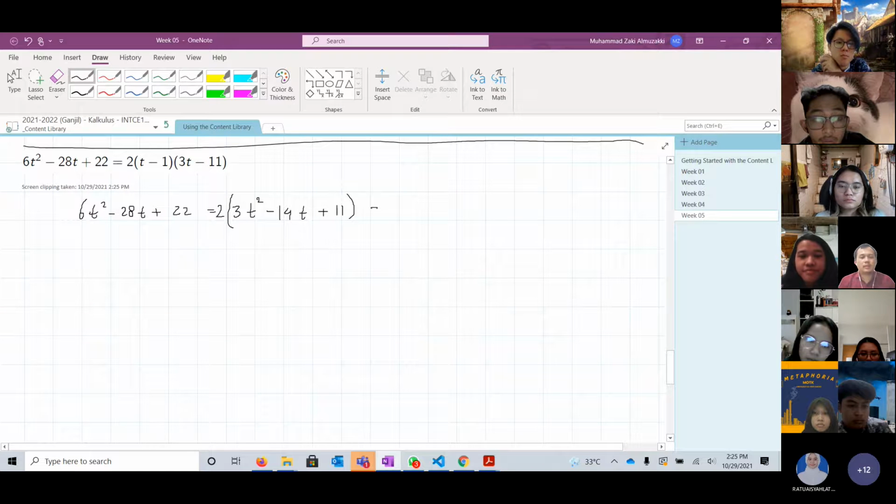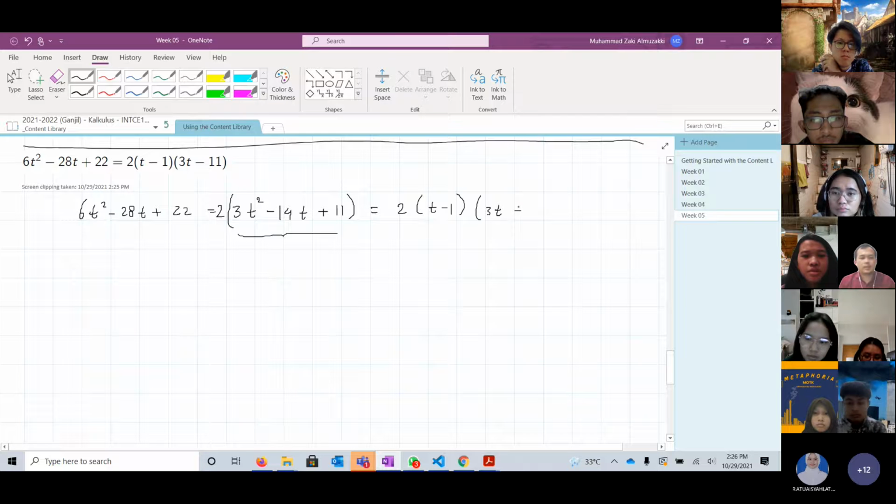And that's why we factorize this, so we have 2 times t minus 1 times 3t minus 11. Is it clear?